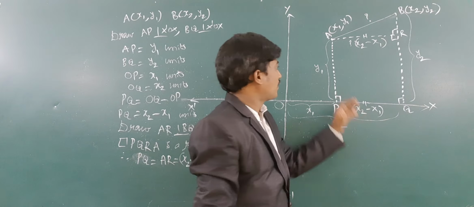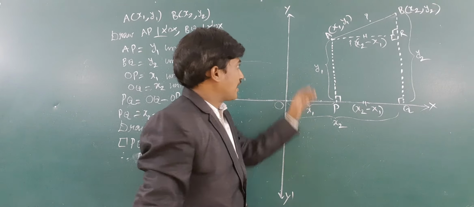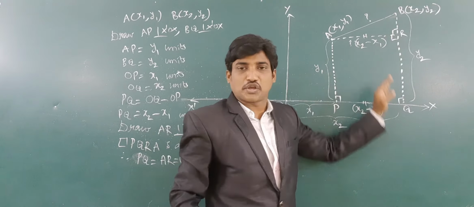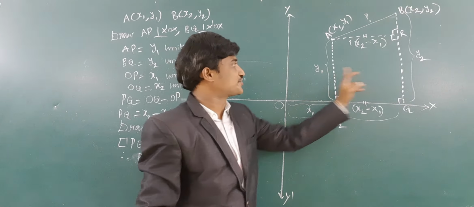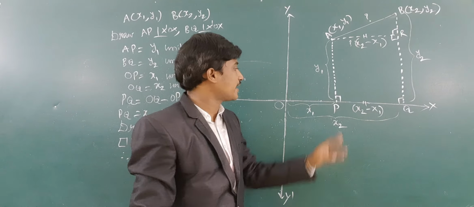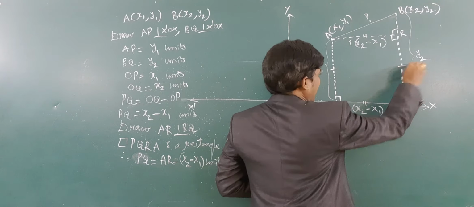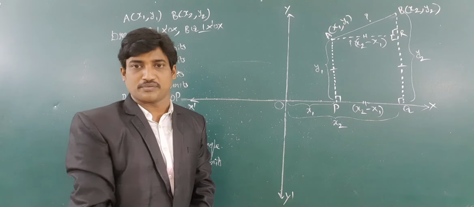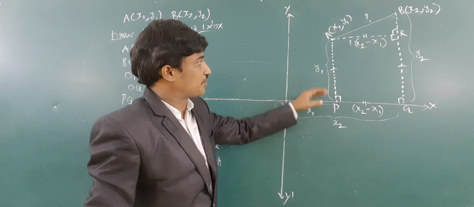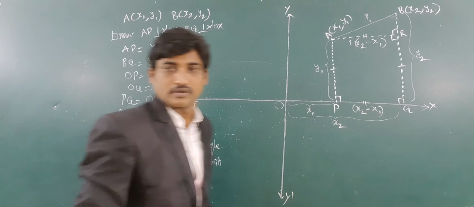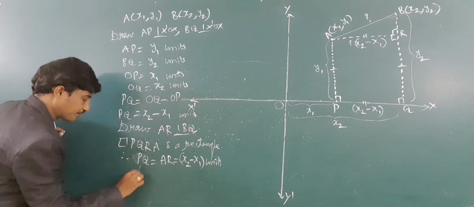On the other hand, AP and RQ are also opposite sides in rectangle PQRA. Opposite sides in a rectangle are parallel and equal, so AP is equal to RQ.